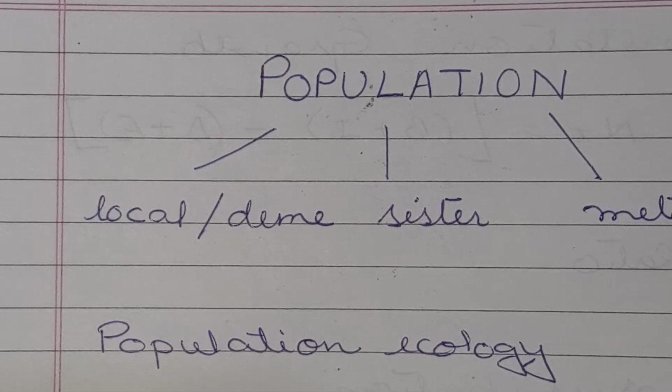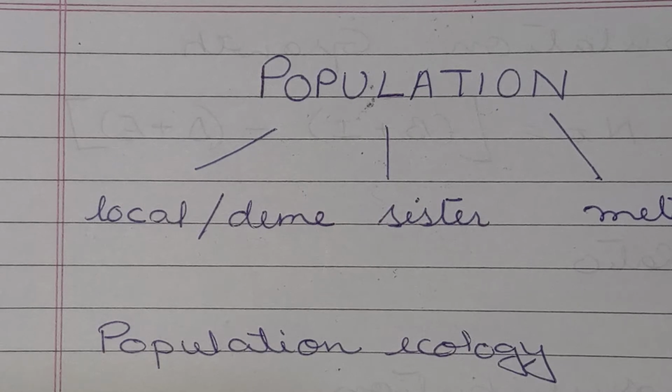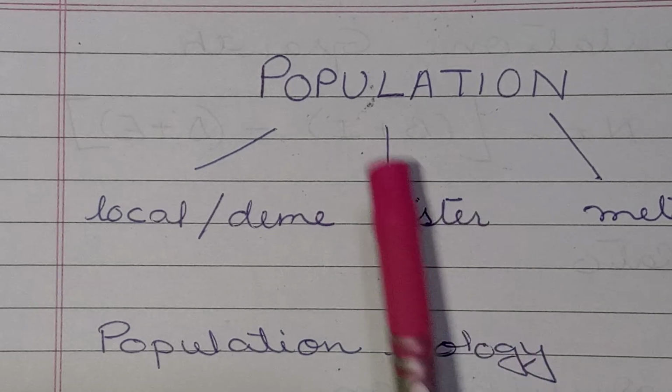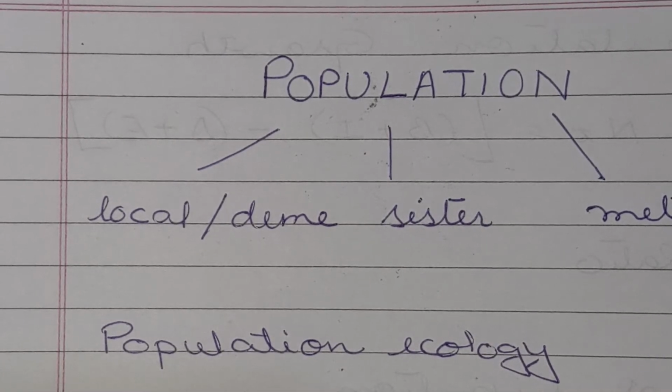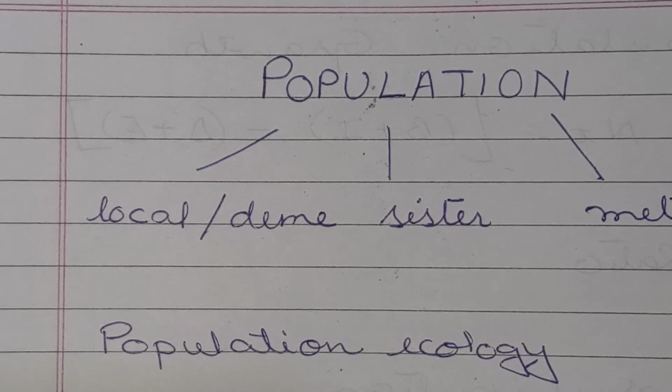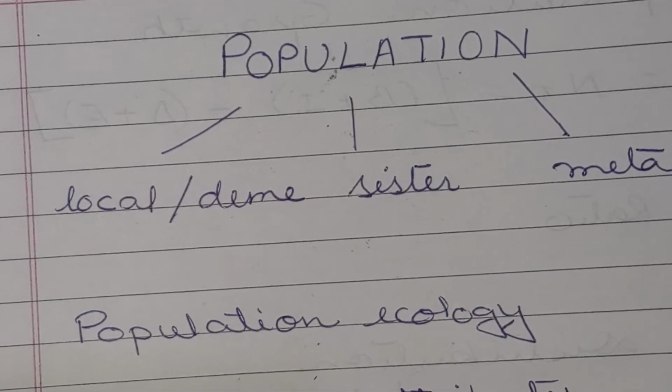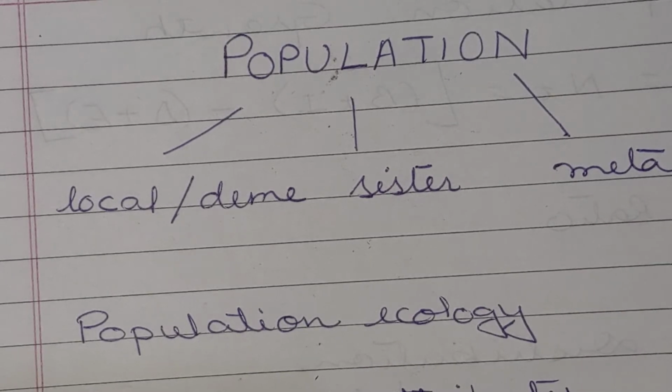Then if local populations occur in different localities, these are known as sister populations. And if the whole set of local populations of a species are connected by dispersing individuals, then they are known as metapopulations.